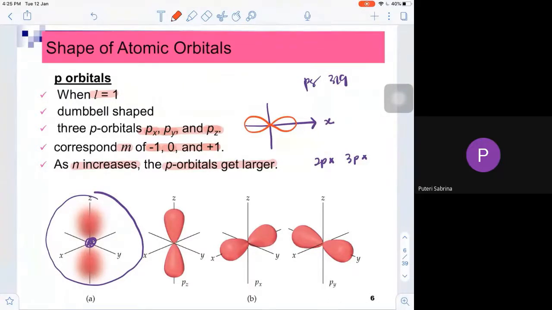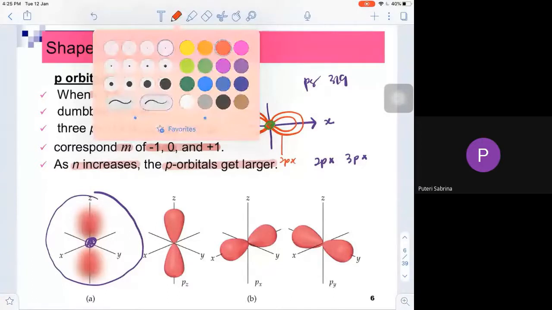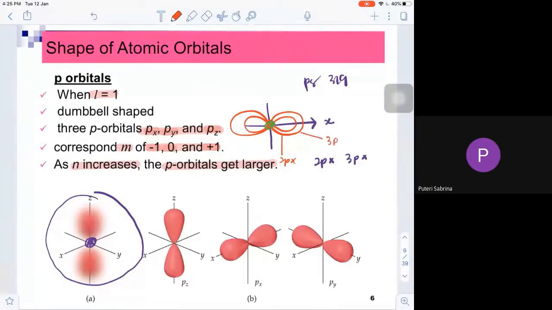Then 3px will be greater than it, with the same center, which is the nucleus here. We label the second orbital as 3px.